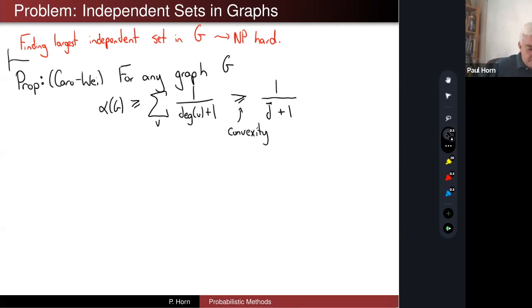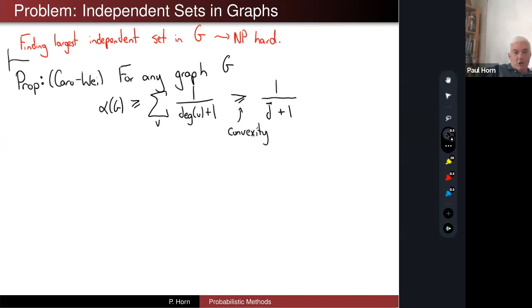Now, as I alluded to during the main portion of the talk, if I just pick vertices at random in my graph, with some probability p, if that p is small, I don't pick out very much.